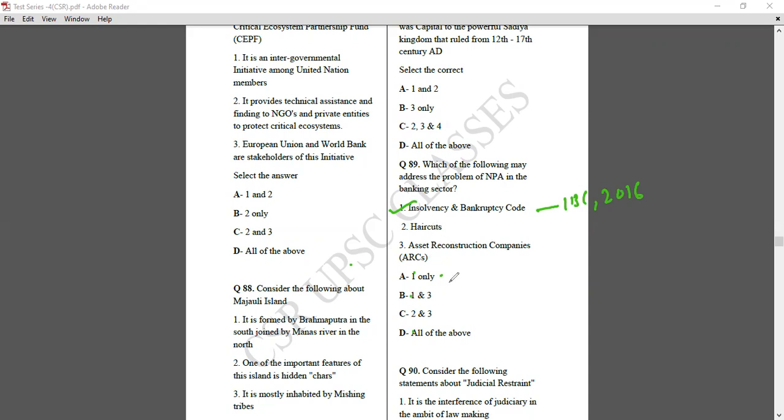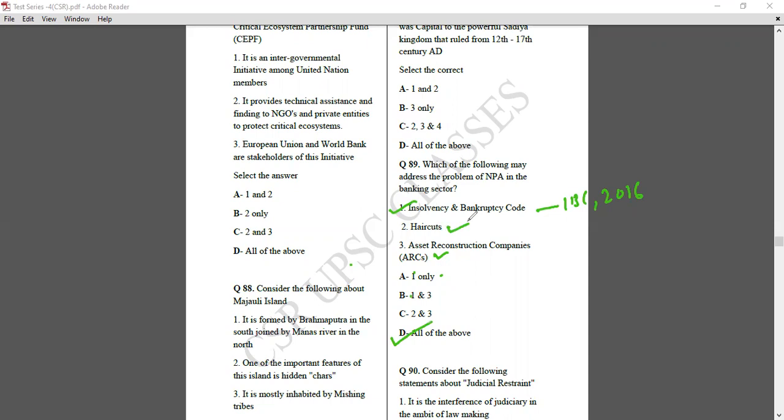Haircuts and asset reconstruction companies. ARCs, obviously, help in reducing NPAs because they take the bad loans of banks. So one is correct. Now what about haircuts? See, haircut is also correct. Haircuts can also address the problem in the short run. It's an economy topic.